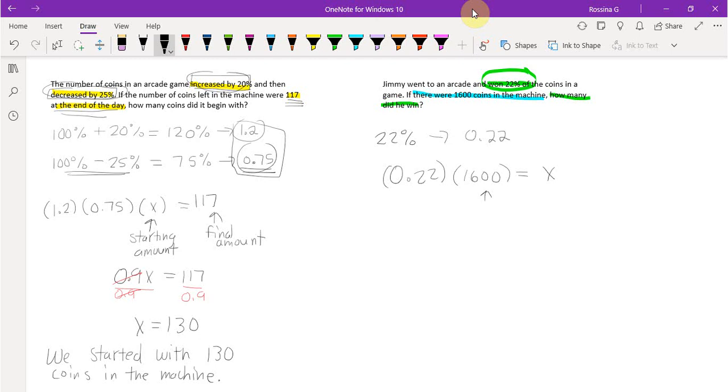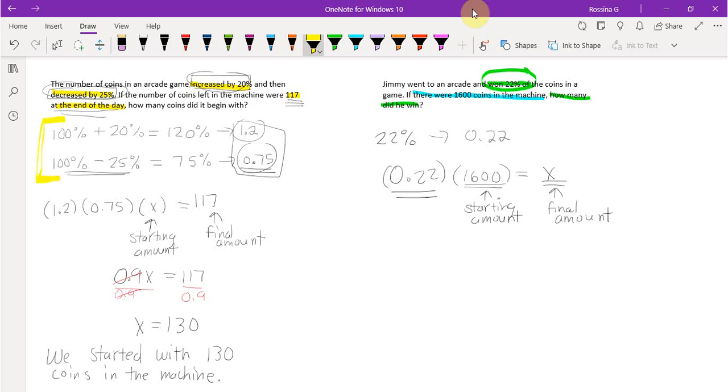So what is similar in these two word problems is our starting amount is in the same position as when we set up the equation, and the final amount. And the process is essentially the same. You're multiplying that percent as a decimal with your starting amount to get the final amount. Again, what you'll notice different is this step over here in these problems.